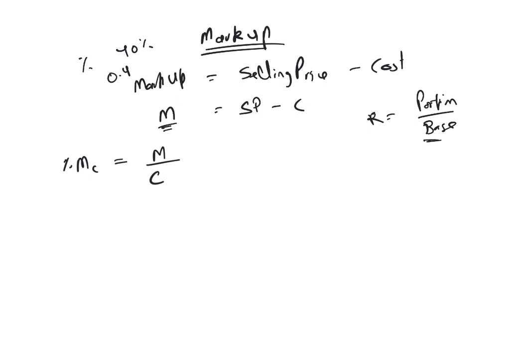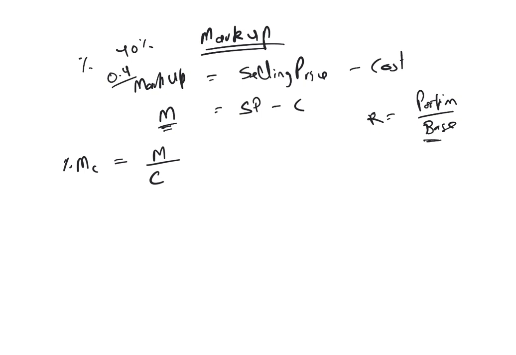So I prefer working with decimals. But to convert to percentages, you can multiply whatever answer you get by 100 and then call that a percentage. So a percentage markup is our amount or dollar markup divided by cost. So this then helps us navigate various entities.